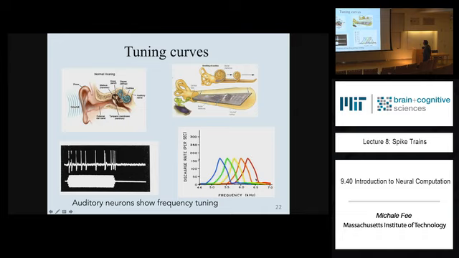And you can see that different neurons are selective to different frequencies. So this curve representing one neuron, that neuron is most active for frequencies a little bit above 5 kilohertz, whereas other neurons are most responsive to frequencies, let's say, just about 6 kilohertz.